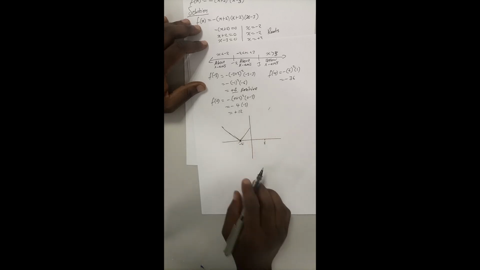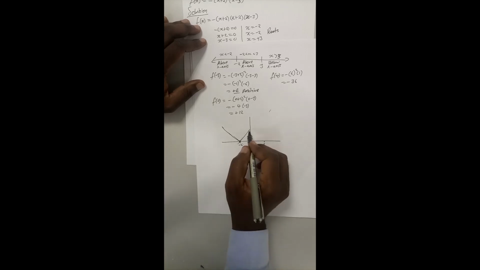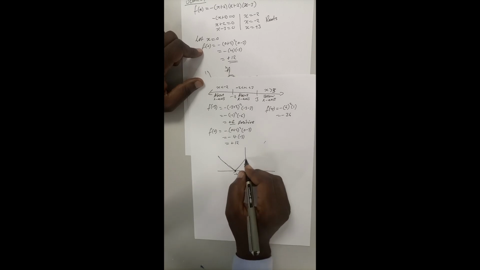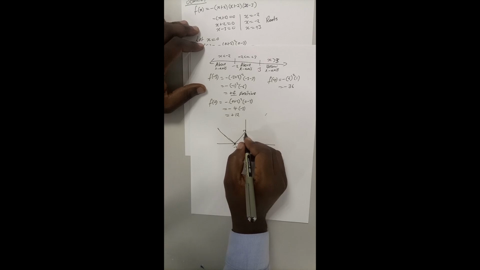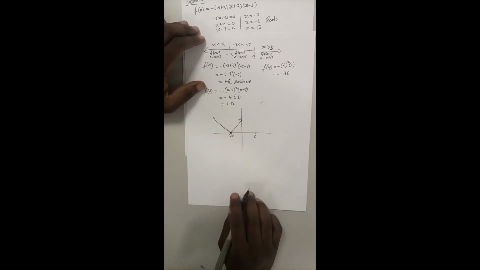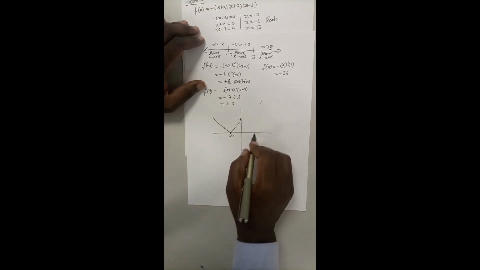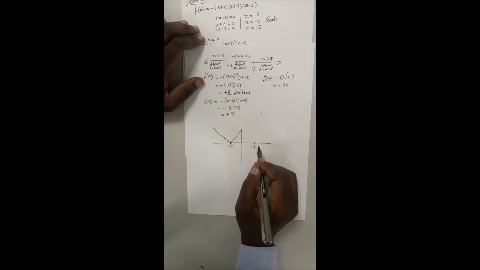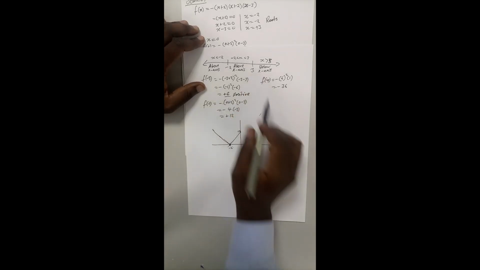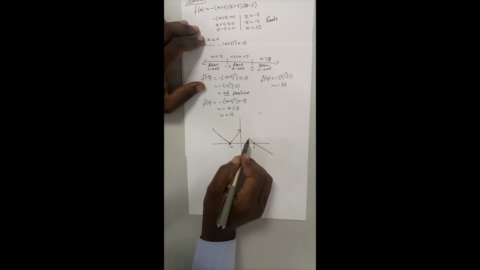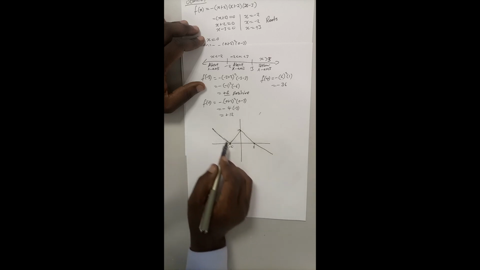Then it will hit the y-axis at x equal to 0, which is 12. And for the values above 3, the graph is below the x-axis, so it should go like this. Naturally you can just connect these two points. So the graph has this shape.